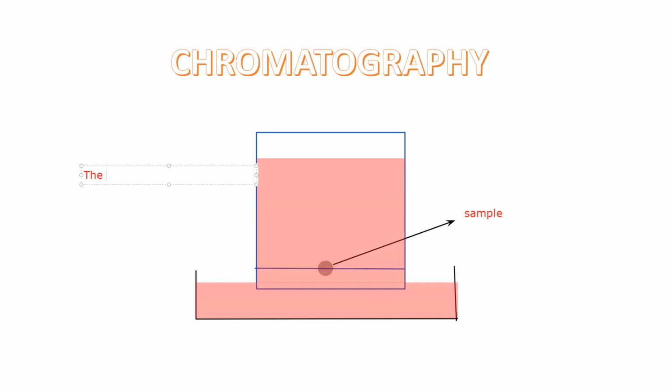The sample does not rise. What can you conclude about this, or what can you say if a sample does not rise with a solvent? So what can you say about this?